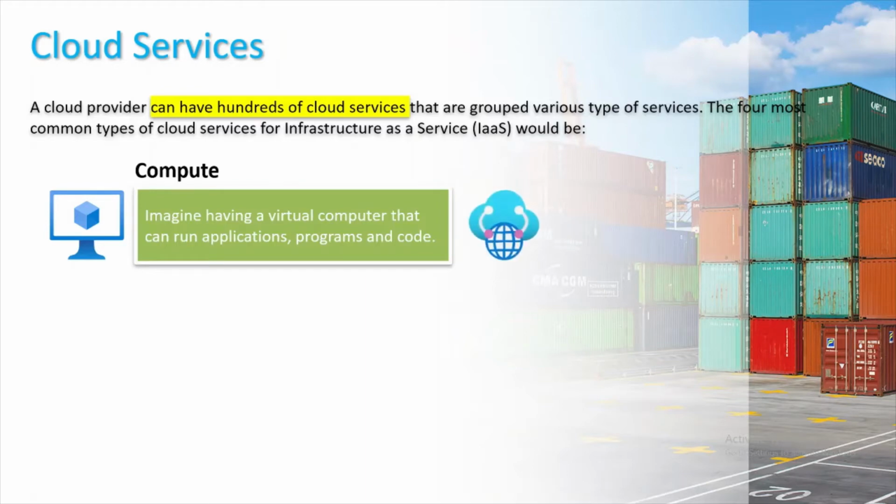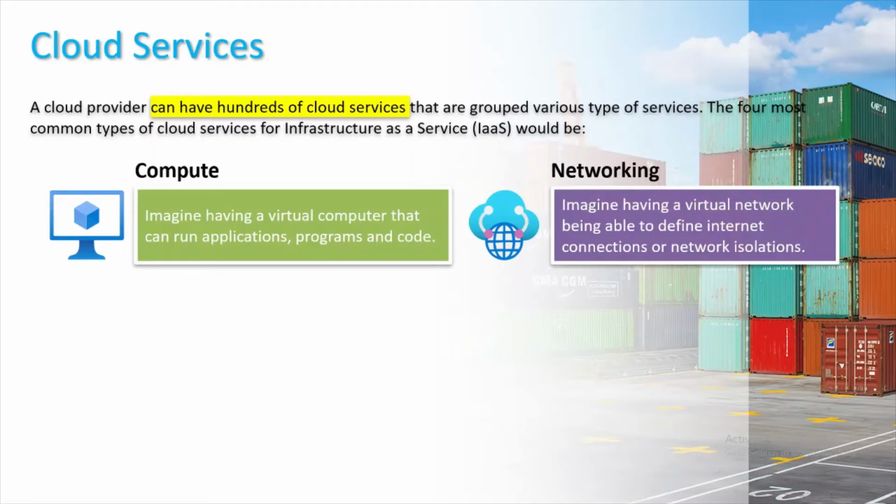And next, when you deploy the apps on compute resources, the next thing that logically comes to our mind is how to communicate, which is networking. So imagine you have a virtual network, able to define internet connections and network isolations.